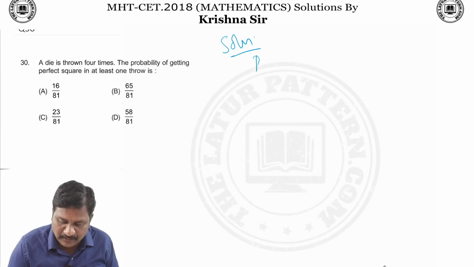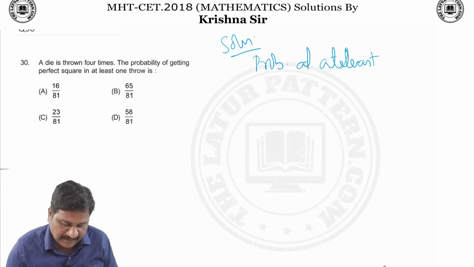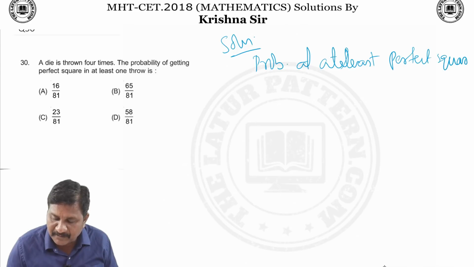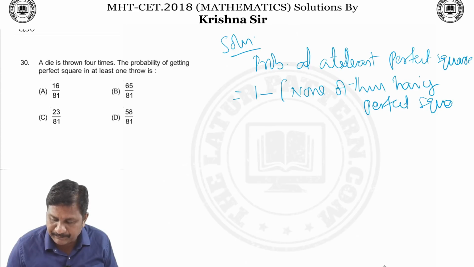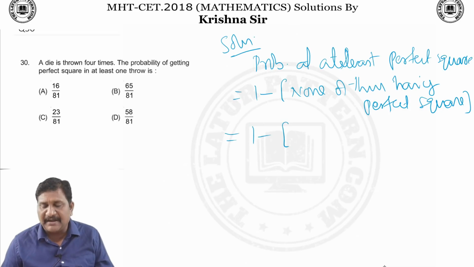That means we find the probability of at least one perfect square, which can be taken as 1 minus the probability of none of the throws having a perfect square.